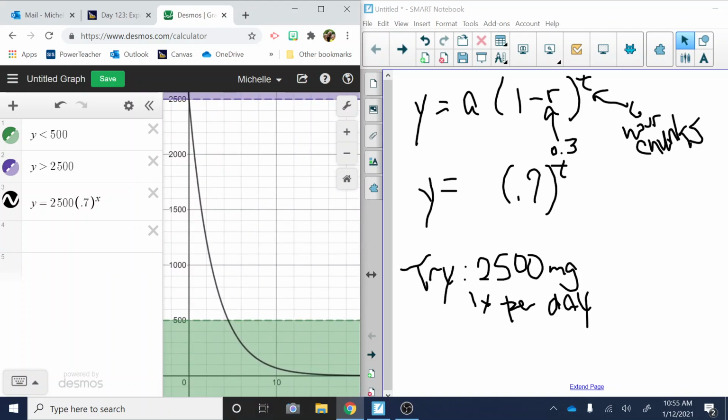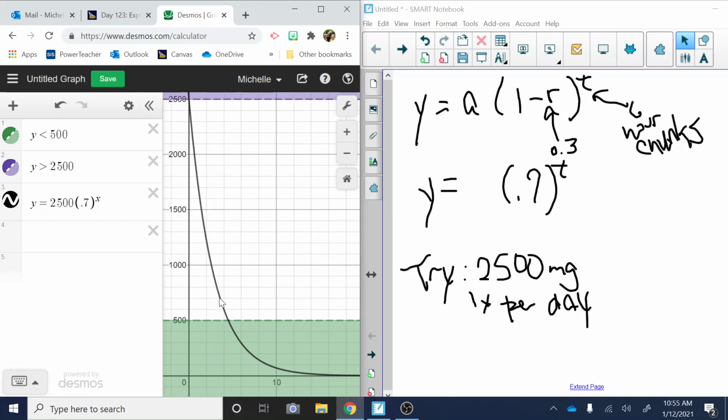Alright, so I see my declining medicine here. I was taking 2,500 milligrams, which puts me at the very top when I first take it, but that's okay because it said does not exceed, and I'm not going to exceed it. I'm just going to be right there, and then it's going to decline.